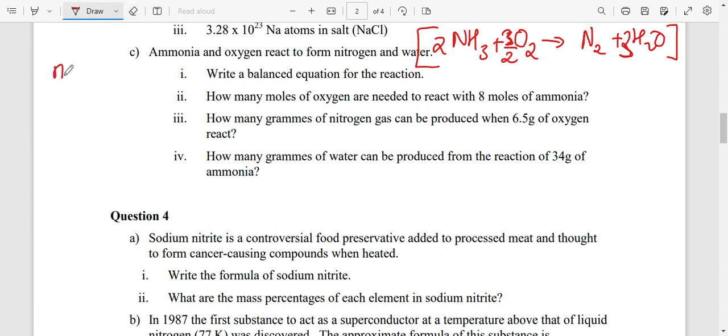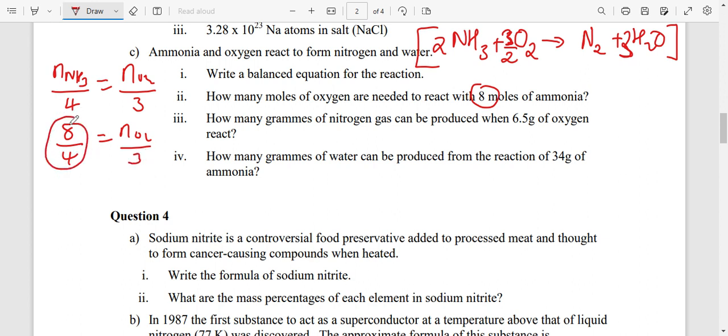Number of moles of ammonia divided by 4 is equal to number of moles of oxygen divided by 3. Now we've been given 8 moles of ammonia, so 8 divided by 4 is equal to n of oxygen divided by 3.